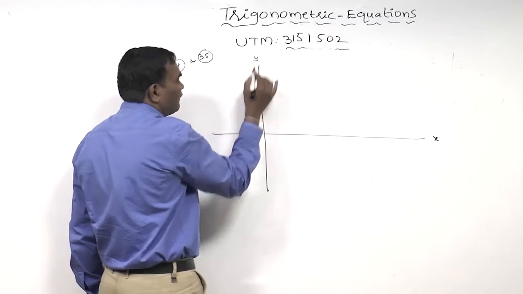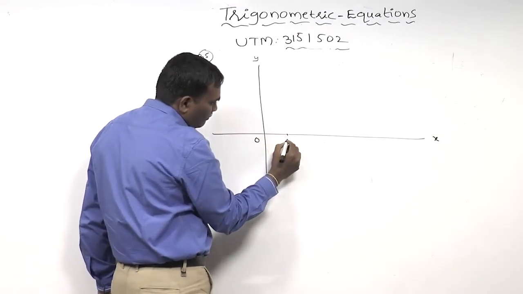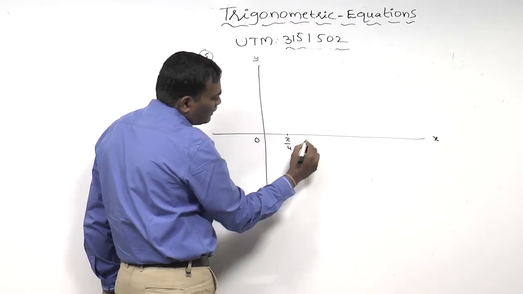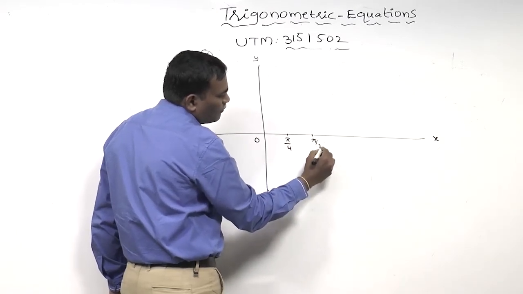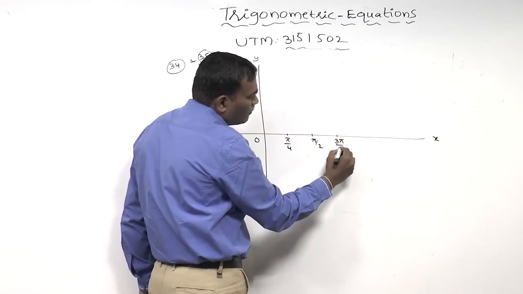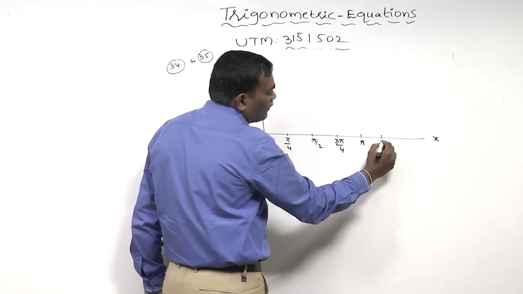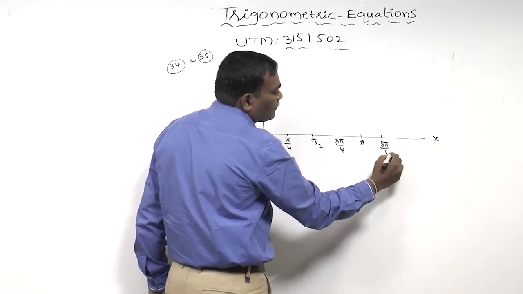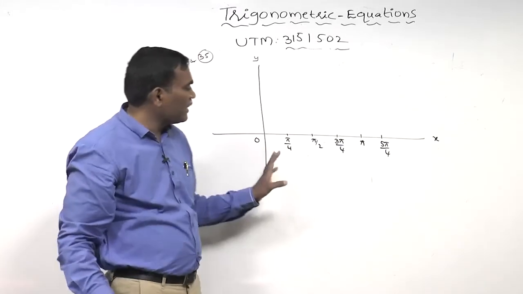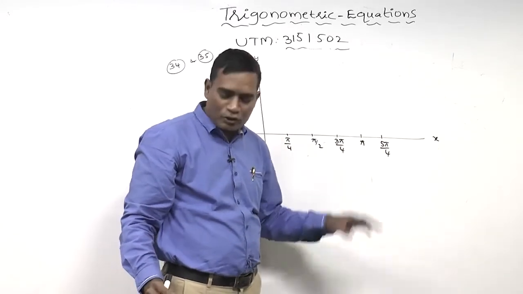X-axis, y-axis, 0. Here you take pi by 4, pi by 2. Next, 3 pi by 4, pi. Next, 5 pi by 4. I am taking the difference as 45: 45, 90, 135, 180, 225.